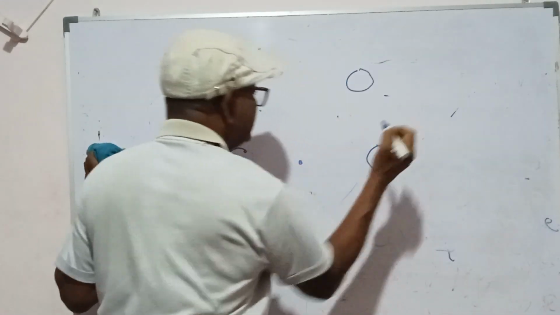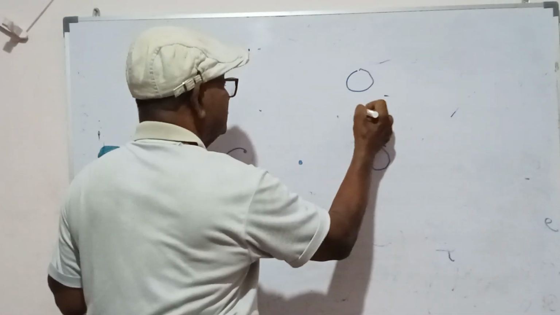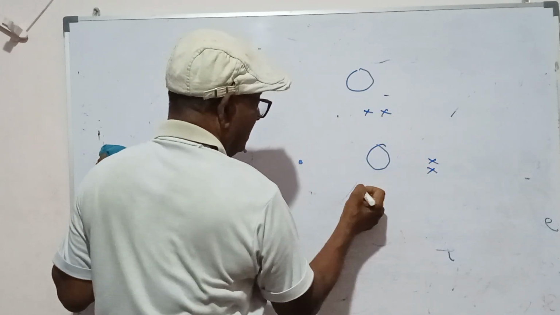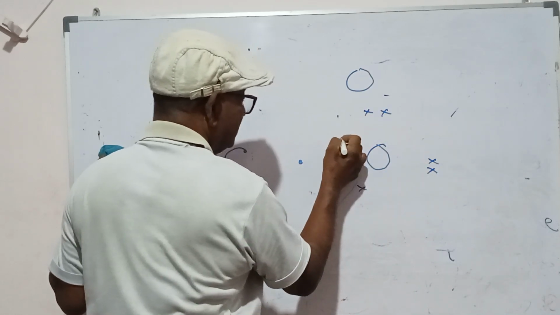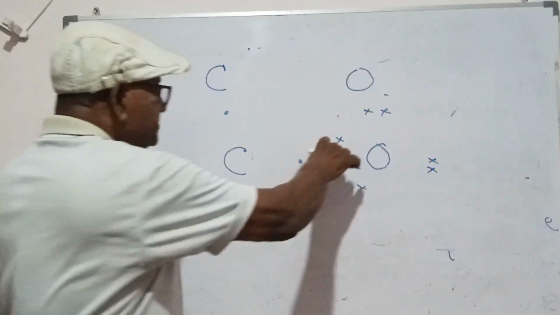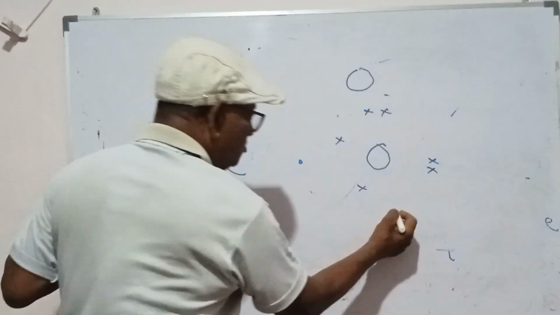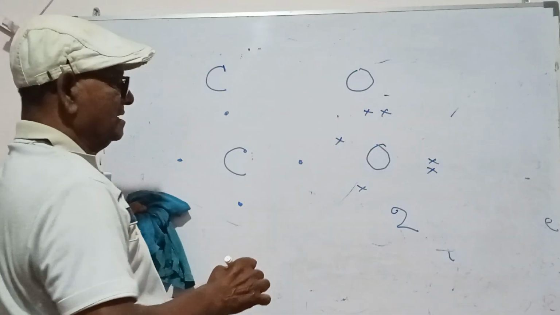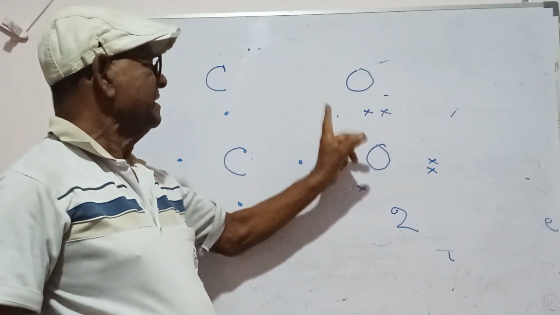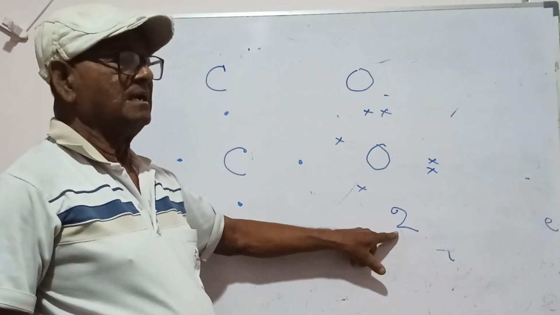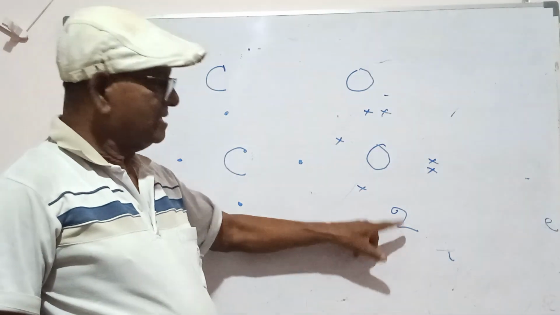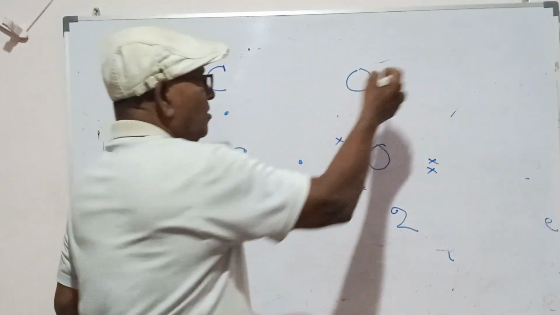One oxygen has 6 electrons: 1, 2, 3, 4, 5, 6. Then oxygen needs 2 electrons to be completed to 8.